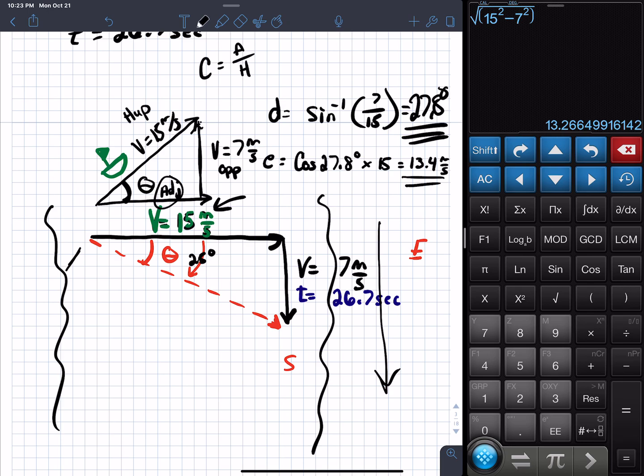We don't care about the little extra change. It's not always going to match up because we're using rounded off numbers.